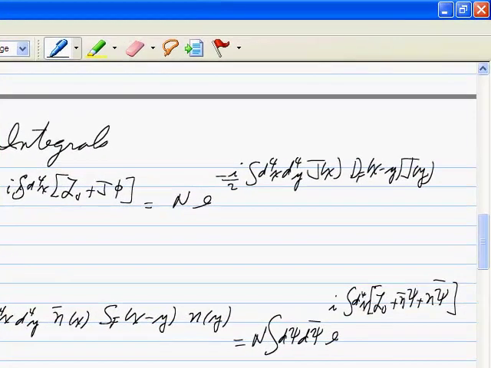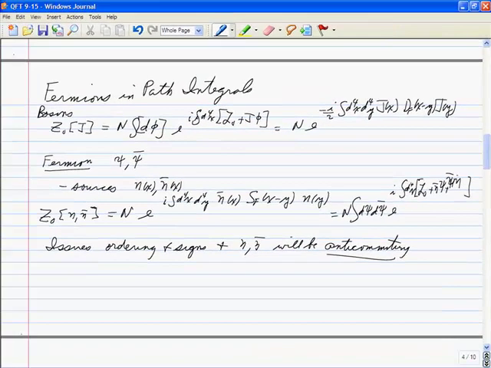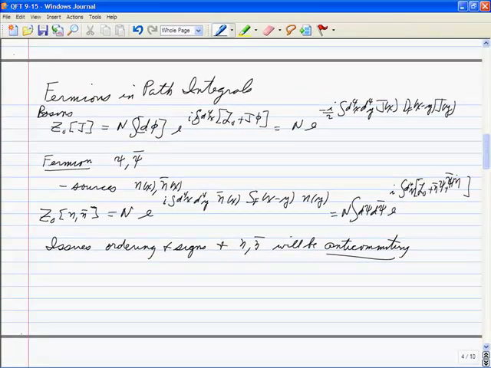And I should actually have written that in the reverse order. Let's go back: psi bar eta. So the fact that psi and psi bar anti-commute, and you get psi and psi bar by functional differentiation, is going to require eta and eta bar to anti-commute also. So this is the preview to the formal development.